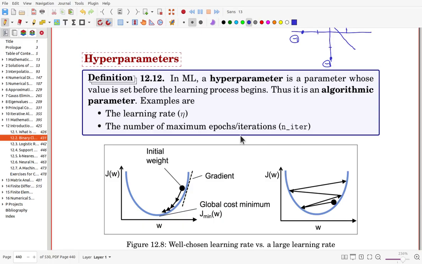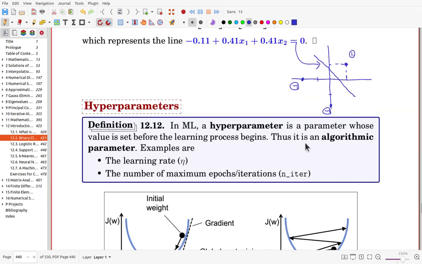Okay, iteration means one update. In each iteration, we try to update the weights. So the number of iterations means the number of updates. Now, epoch means the number of passes over all the data points. In perceptron, we use 1 point in each iteration.